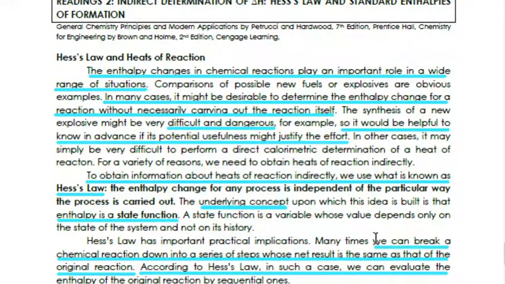As mentioned here, we can break a chemical reaction down into a series of steps whose net result is the same as that of the original reaction. So according to Hess's law, in such a case, we can evaluate the enthalpy of the original reaction by summing the enthalpies of the sequential ones.